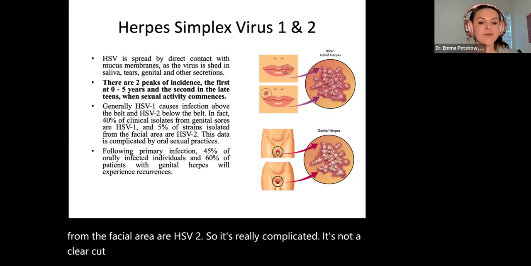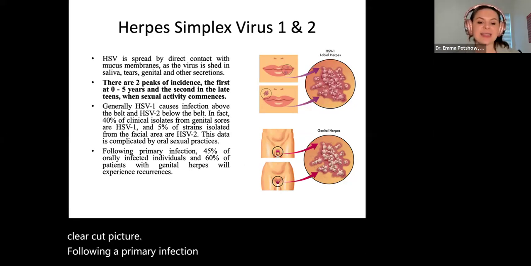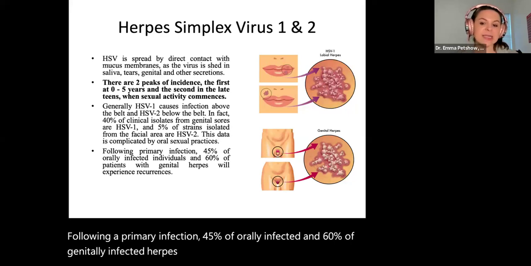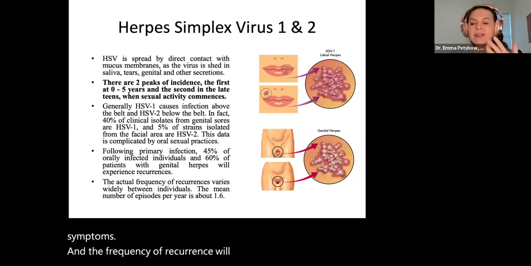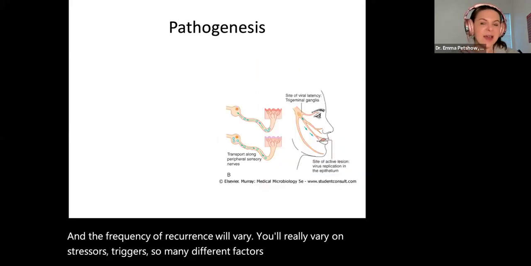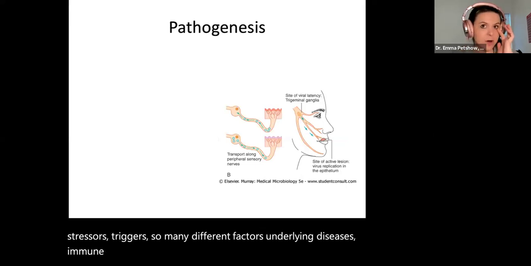Following a primary infection, 45% of orally infected and 60% of genitally infected herpes patients will have recurrences of symptoms. The frequency of recurrence will vary based on stressors, triggers, underlying diseases, immune status, and so much more.